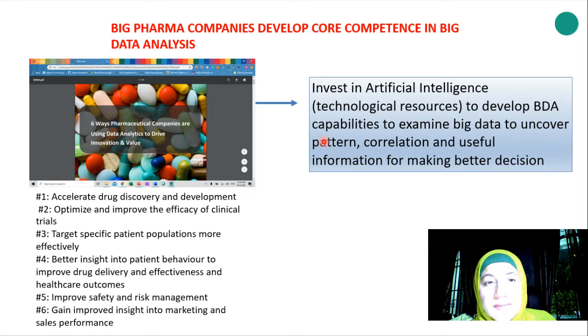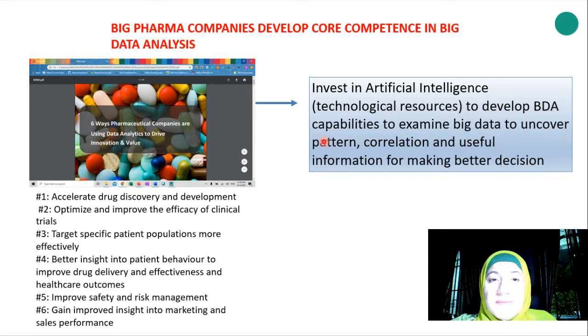Next, for the purpose of context setting, I would like to bring your attention to the pharmaceutical industry in the world. Not only in the world but in Malaysia, we are now looking at a drastic development of core competency in big data analysis, or BDA.